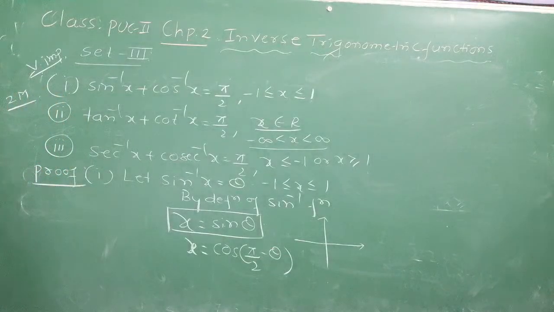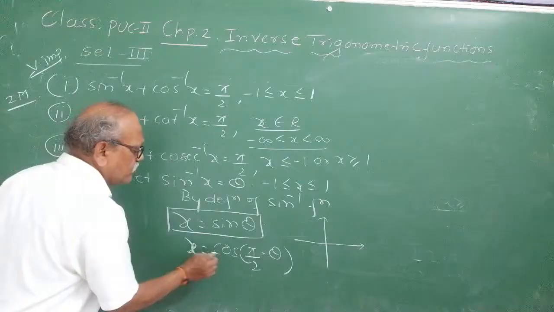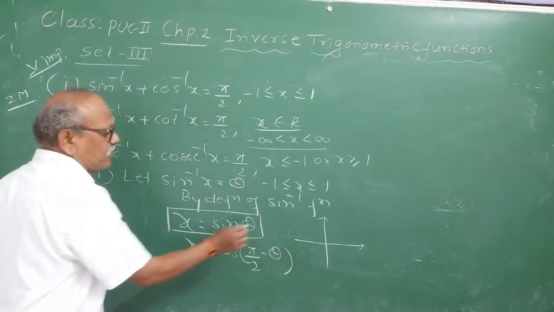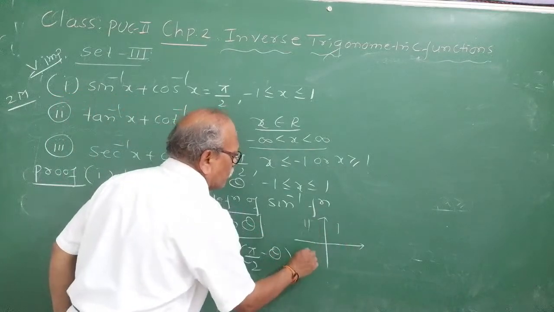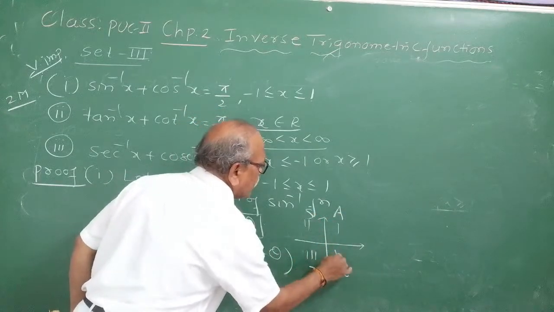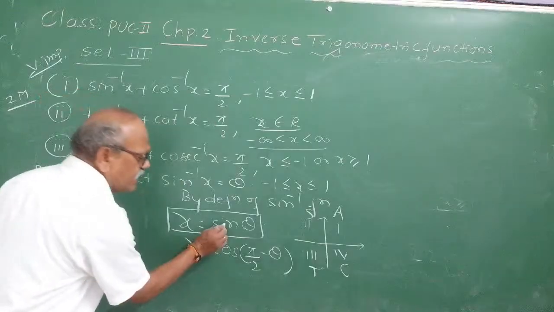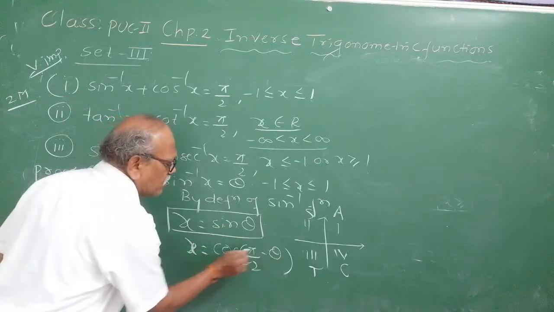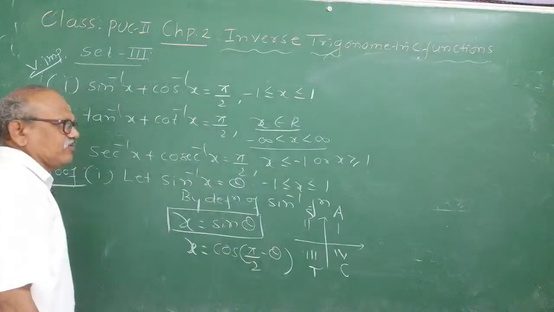Is it clear? See, x is equal to cos of pi by 2 minus theta, because in the first quadrant, second quadrant, the ASTC rule you apply, studied in the allied angle. Can I write sin theta as cos 90 minus theta? Cos 90 minus theta is sin theta.